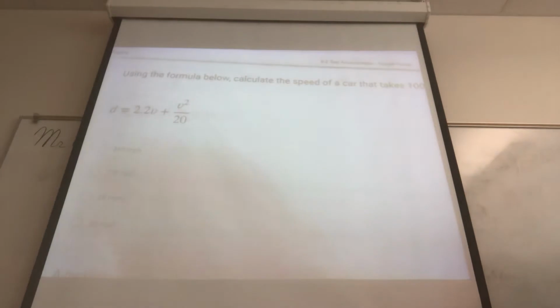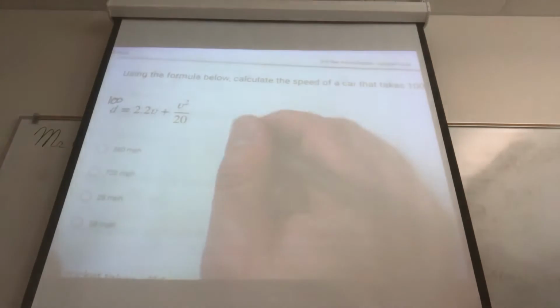Let's see, moving forward. Using the formula below, calculate the speed of a car that takes 100 feet to stop. Understand that on this one, when it says it takes 100 feet to stop, that's 100 over here. So this would be another one that you would want to graph. And the graph of this, it's a really weird graph.